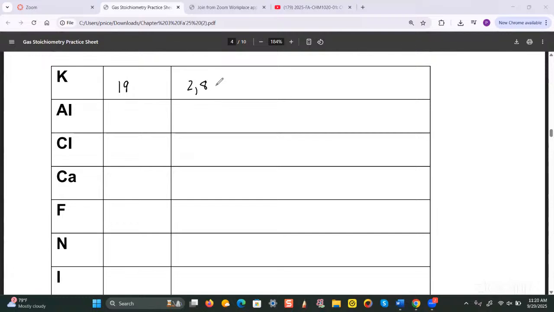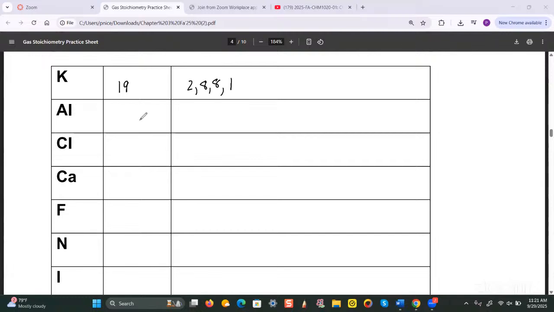The next shell would have 8, no. The maximum number of electrons in the third shell is 8, just like in the second shell. So this will be 8 right here, right? So that's 10 plus 8, that's 18. That means that there's 1. Exactly. And that's the electron configuration for potassium.